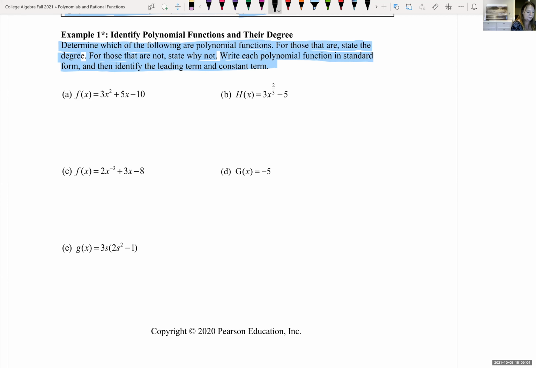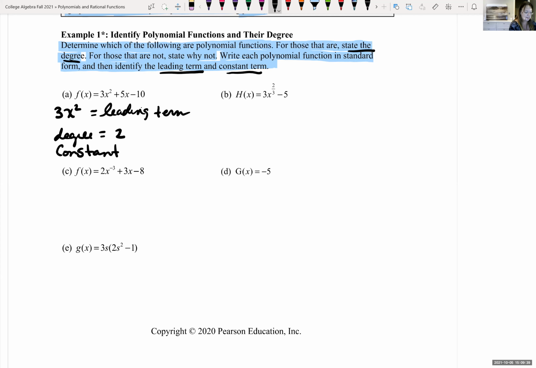The leading term would be 3x squared. The degree is equal to the exponent of that, which is 2. And the constant, in our case, is negative 10. So carry the sign with the constant or the coefficient.